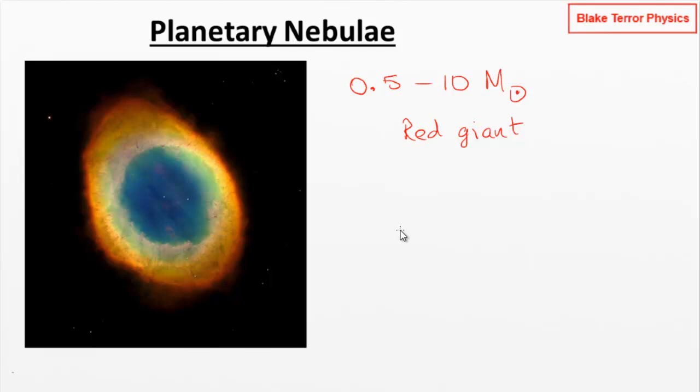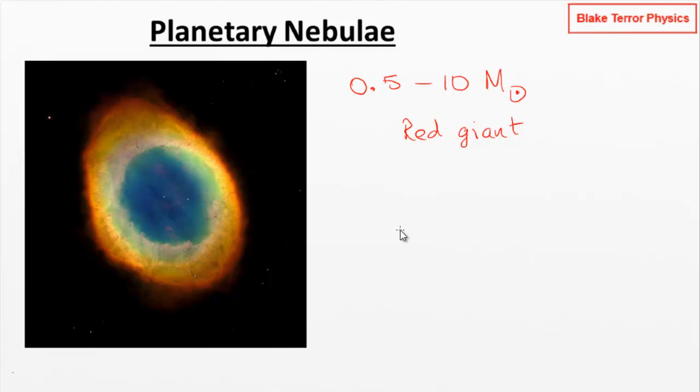The star has expanded out to be a red giant, so it has lower density. There's a lot of turbulence, and a relatively large stellar wind going away from the star. The outer layers of the star get pushed away, so they're getting blown away in a wind type setup.